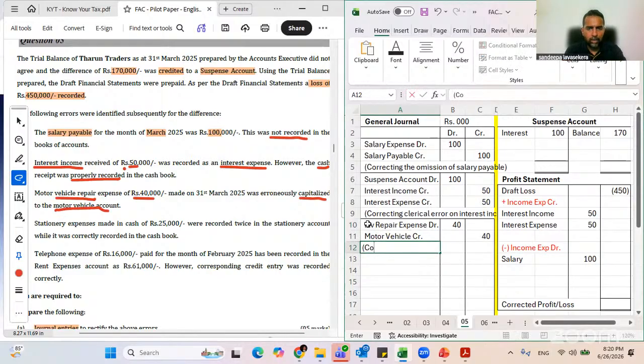So it's a principal error. Correcting principal error on vehicle repair.